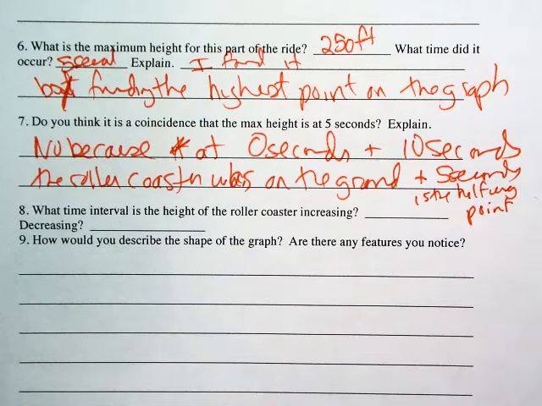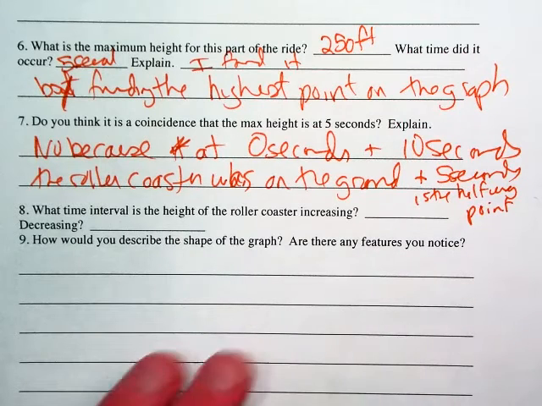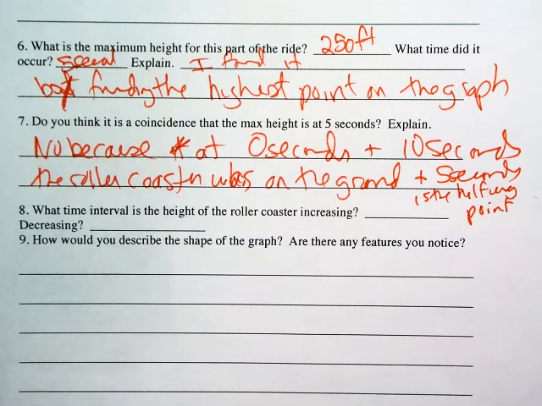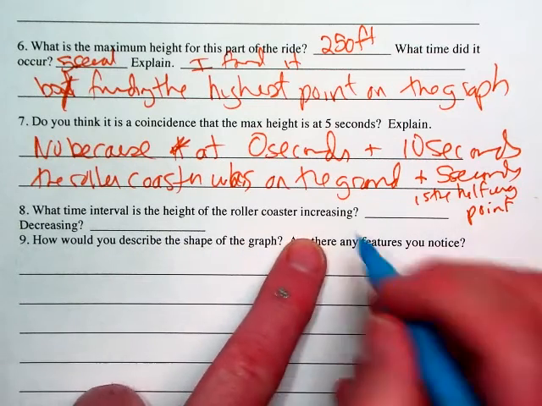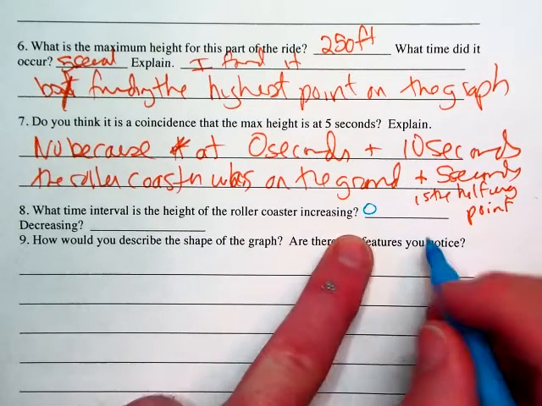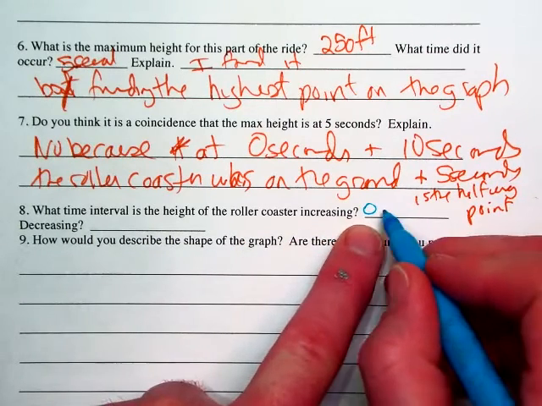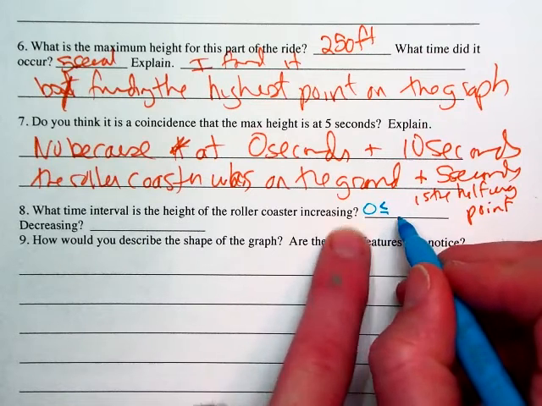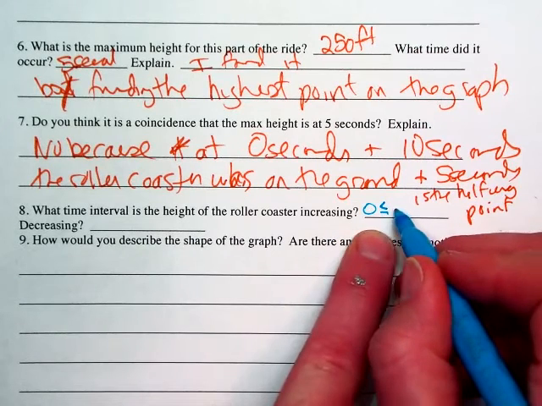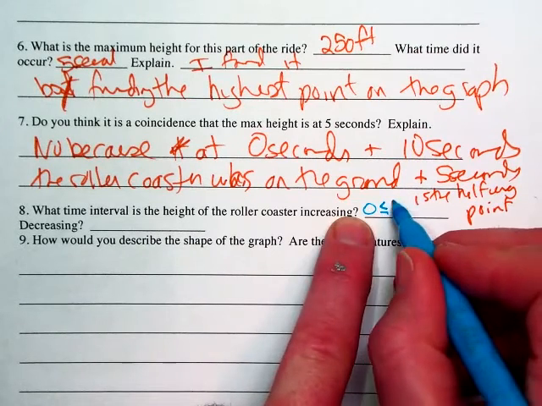What time interval is the height of a roller coaster increasing? You might have seen me use some notation, but we can say from 0 to 5. So definitely when 0 is less than or equal to time and less than 5, you could have said 0 to 5 as well.